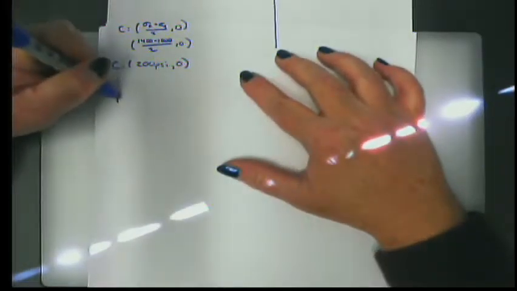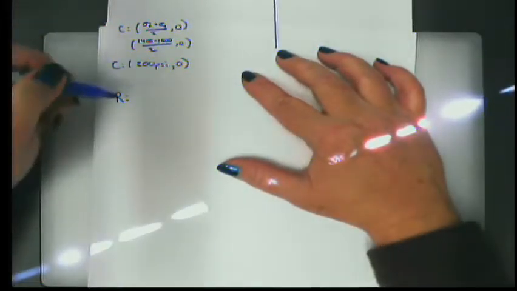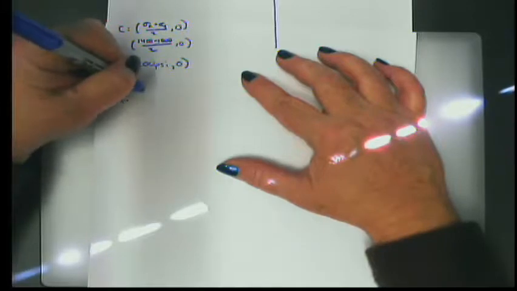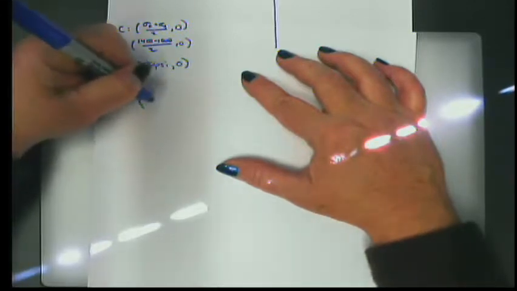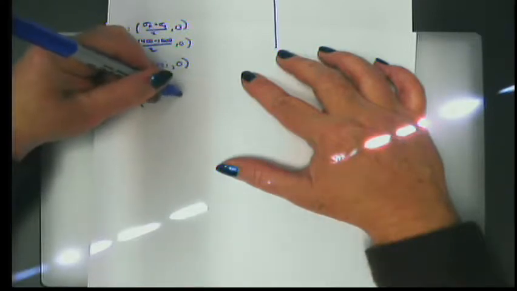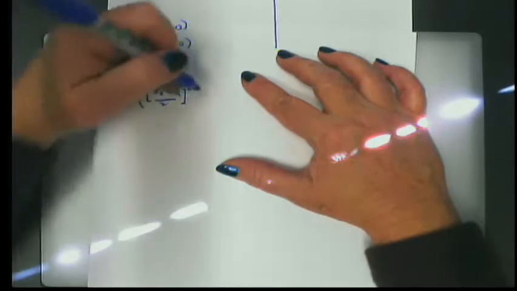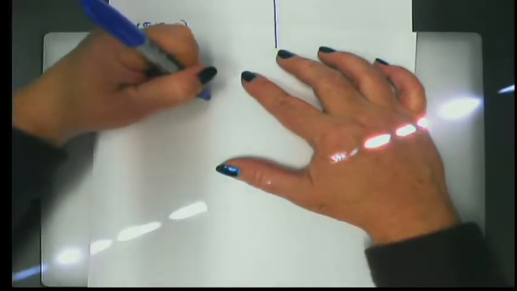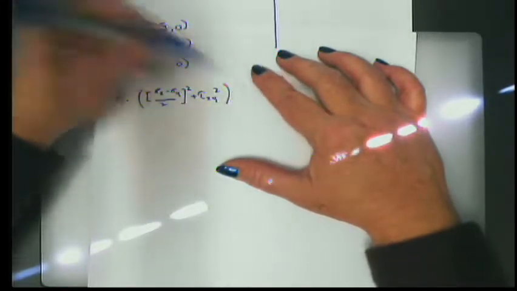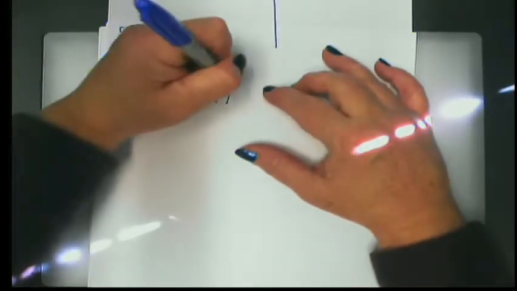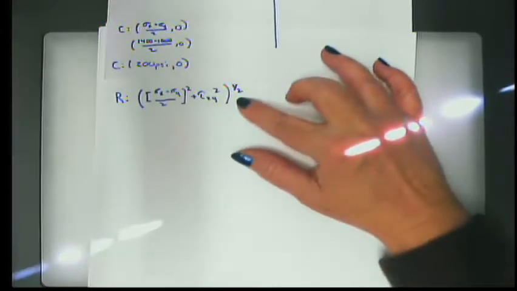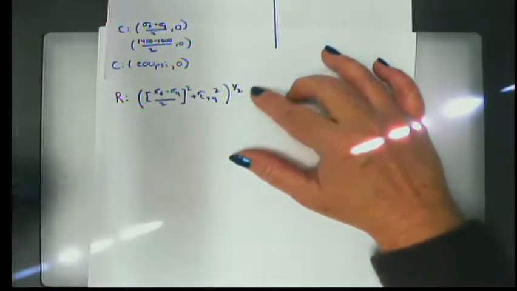My radius, by formula, is the quantity sigma x minus sigma y over 2, quantity squared, plus tau xy squared, the 0.5 root or square root of that entire quantity.